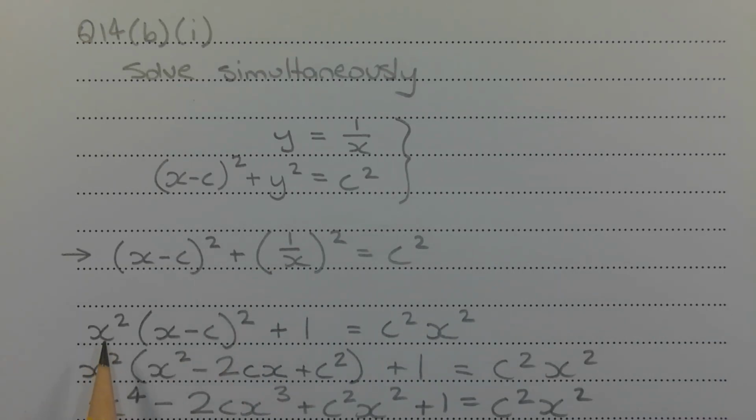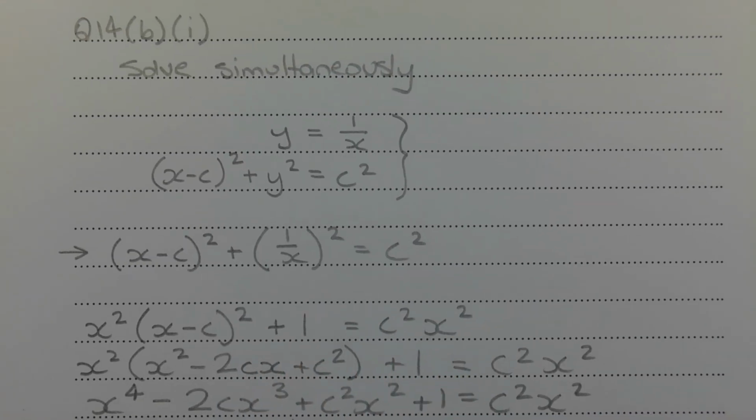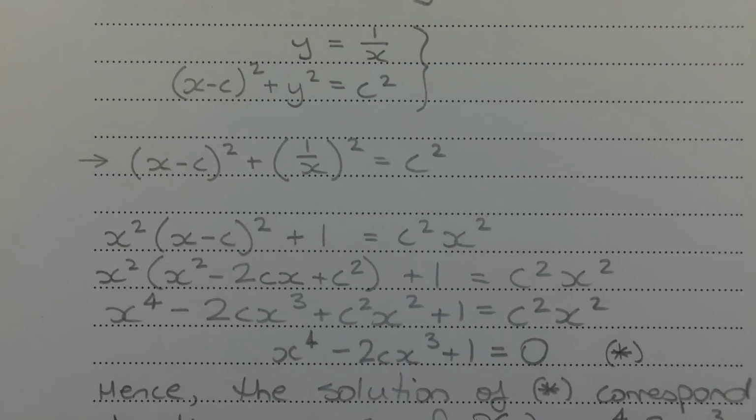So we get x squared outside of (x minus c) squared plus 1 is equal to c squared times x squared. So expanding the brackets on the left-hand side here, we get x squared outside of (x squared minus 2cx plus c squared) plus 1 is equal to c squared x squared.